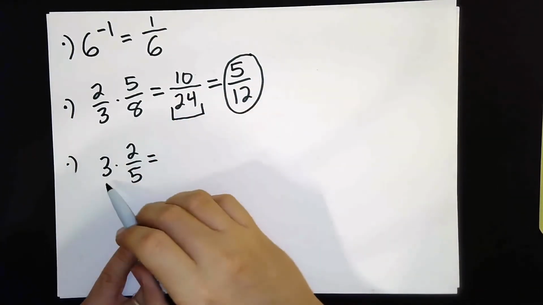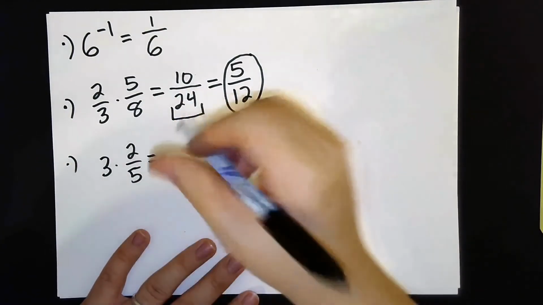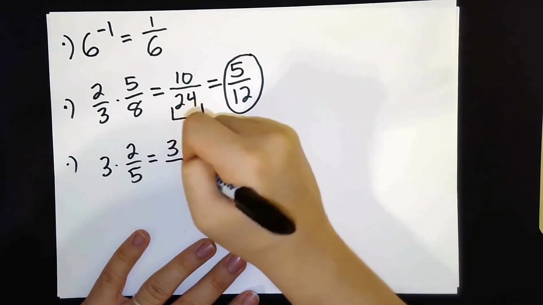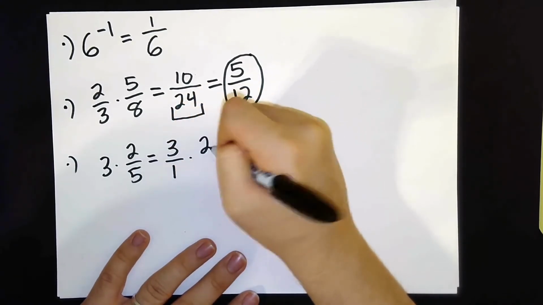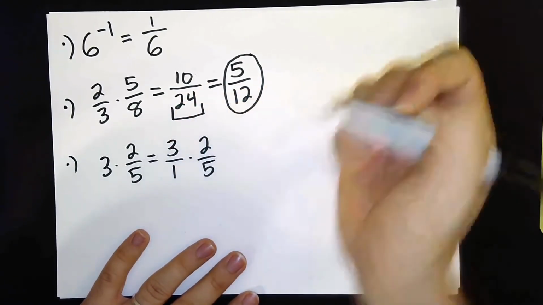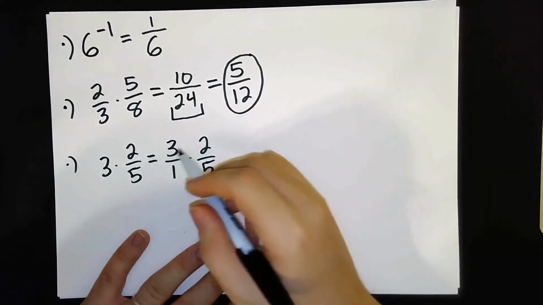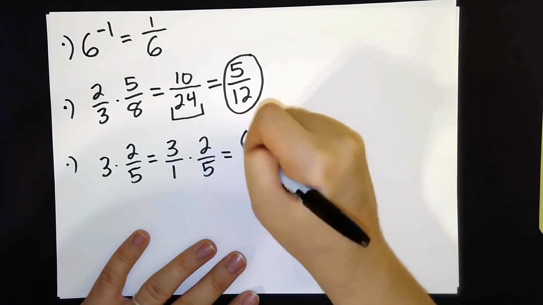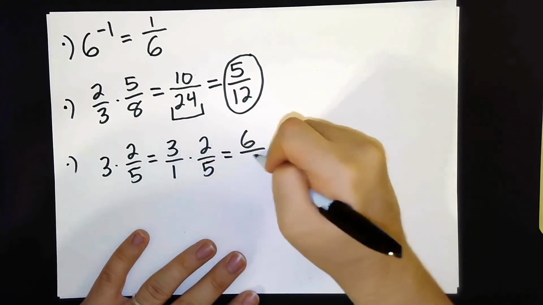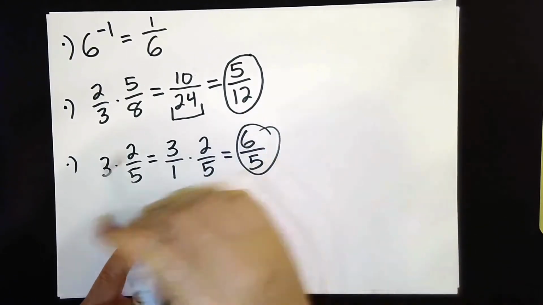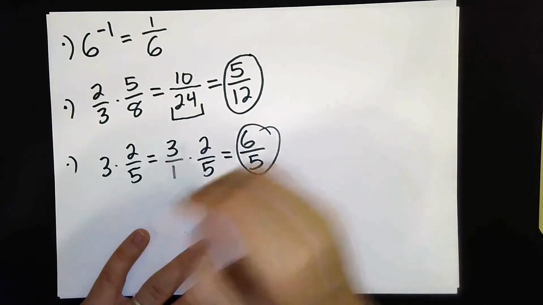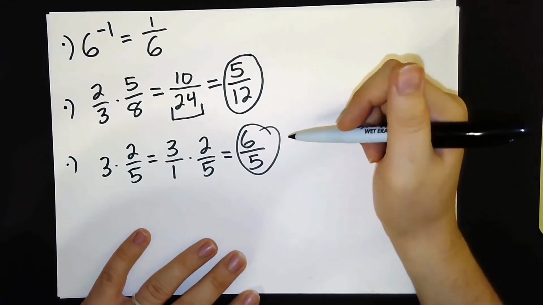Namely, I can always rewrite 3 as the fraction 3 divided by 1. Once I've done that, I can now use the previous rule. Namely, I can multiply straight across. 3 times 2 is 6. 1 times 5 is 5. So 3 times 2/5 is 6/5.